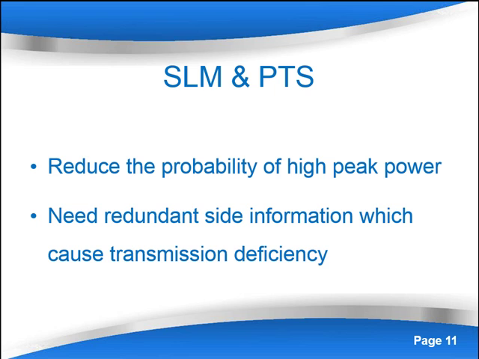In SLM, a random phase sequence is multiplied with the transmit sequence and the sequence which minimizes PAPR of the OFDM signal is selected from all possible sequences. However, this method causes transmission inefficiency because redundant side information on the phase rotation value or selected sequence has to be transmitted to the receiver. In addition, if a transmission error occurs in the side information channel, it would result in demodulation failure.